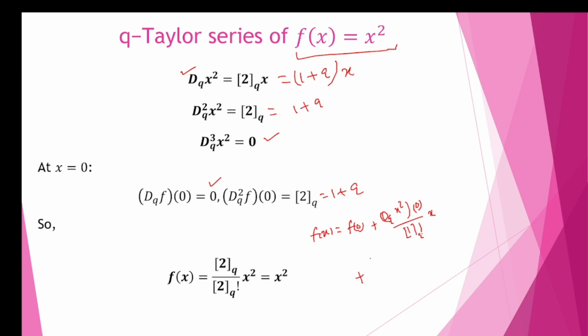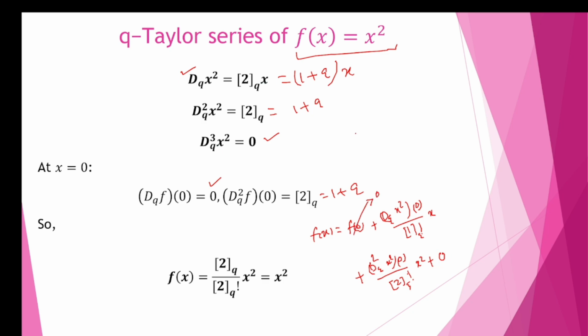And then next you have to write d square q of x square at 0 by 2q factorial, into x square, plus the next term, the third derivative, which will be 0, and the other terms will be 0, so no need to write.